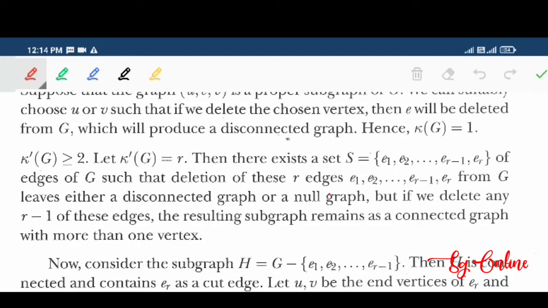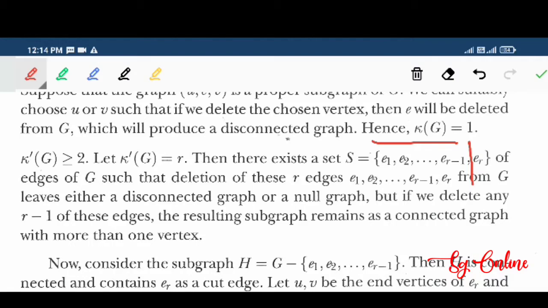Now suppose we consider the edge connectivity is R. Basically, we will separate the last edge to be deleted to make the graph disconnected. We consider the first R minus 1 edges in one group and the Rth edge in the other group.